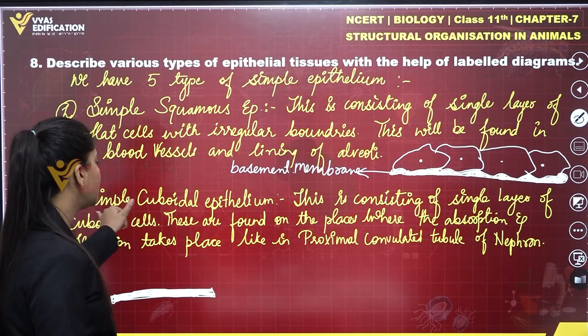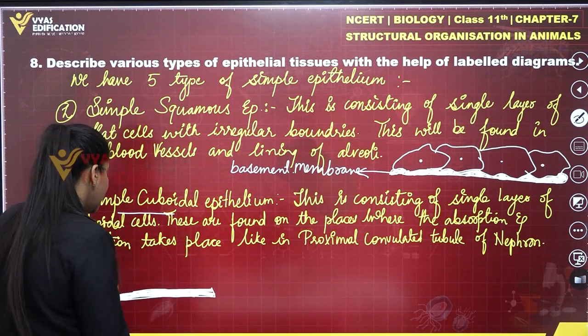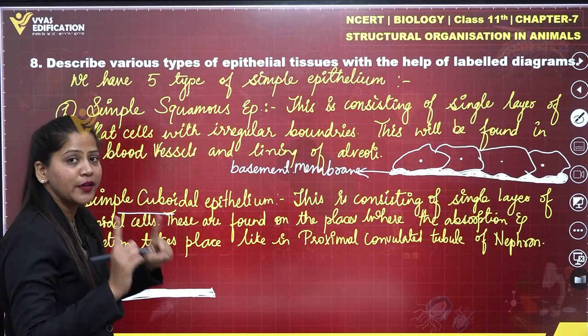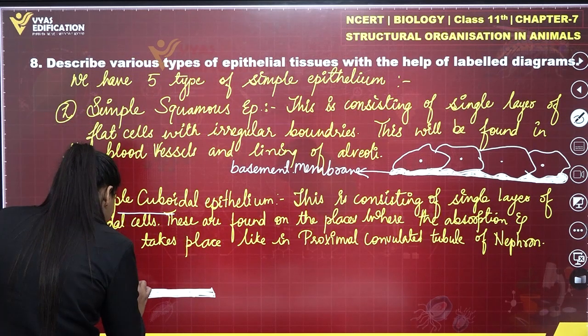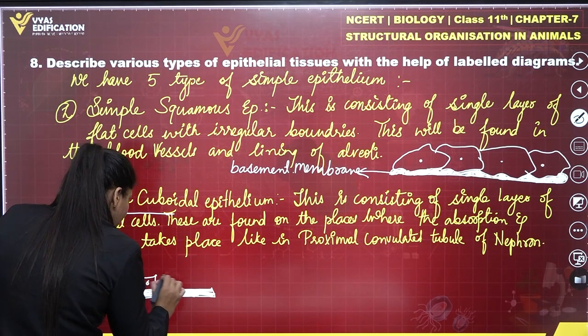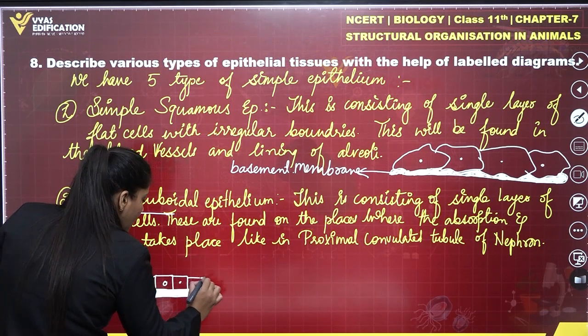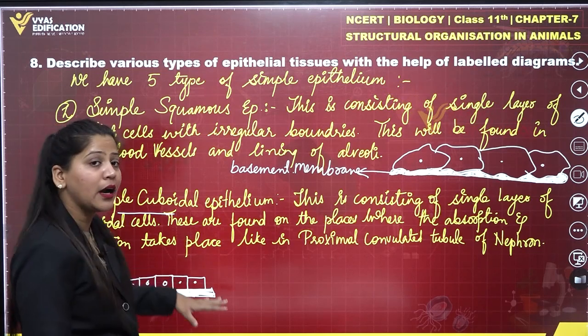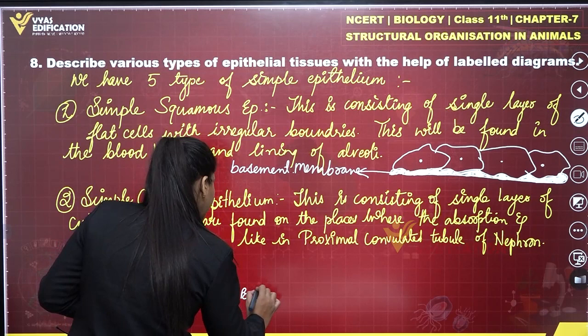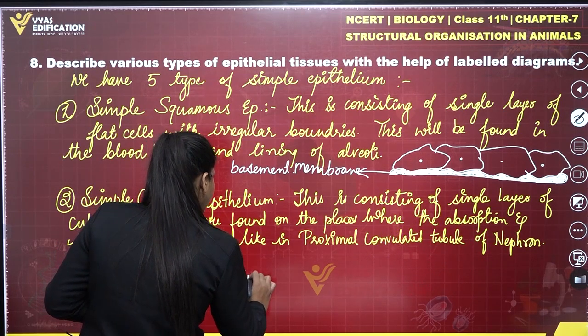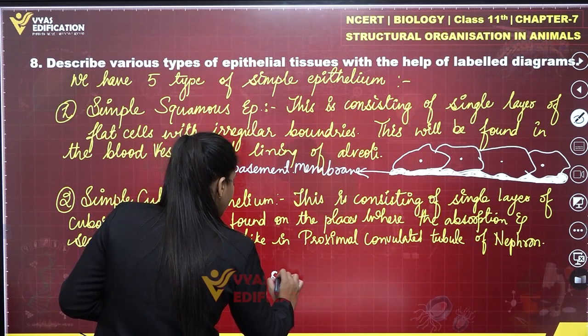As we are talking about the simple cuboidal epithelium, the single layer of cells are cuboidal, right? So we are going to make cuboidal cells. So these are the cuboidal cells arranged in a single layer and are attached on the basement membrane. So this is your basement membrane and this is your cuboidal cells of simple cuboidal epithelium, right?